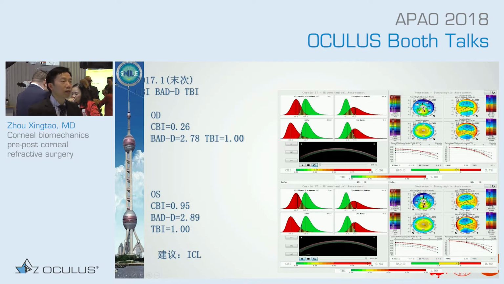At that time I still didn't do the surgery for her, as we detected with the Corvis ST that the DA ratio was 2.78 and the TBI was 1.0. The left eye was very similar, with 2.89 in the index and a TBI of 1.0. So we recommended she do a spherical lens implantation, and we stopped doing surgery.